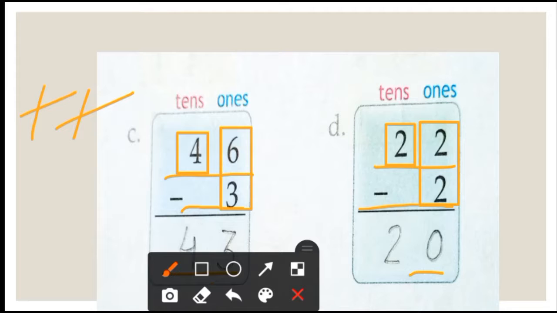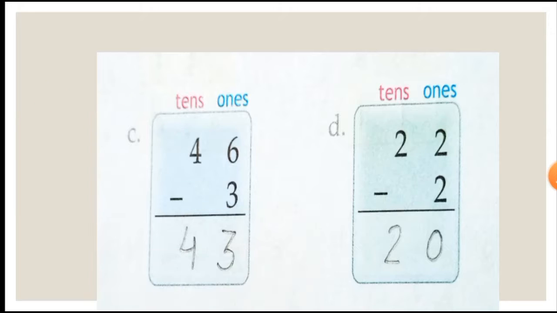Once again we have a single tens digit. There is no other digit in the tens part, so we will write 2 same to same in the answer part. So our answer is 22 minus 2 is equal to 20. Now we will move.